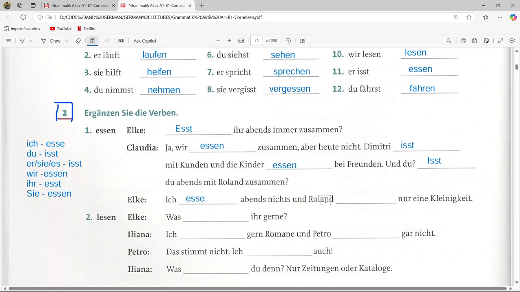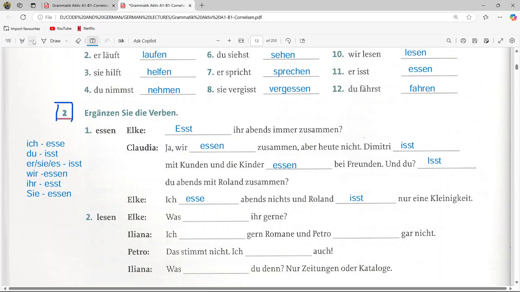Und Roland, so Roland is the name of a person and can be replaced with er, so for er the conjugation is isst: Und Roland isst nur eine Kleinigkeit. So I don't eat at night for dinner and Roland only eats a little something. Kleinigkeit is a type of small snack.